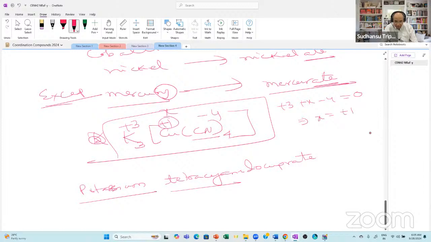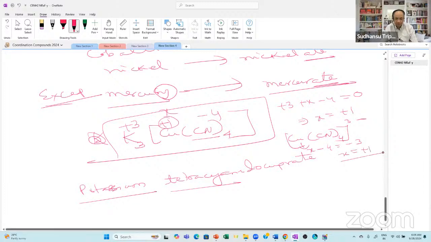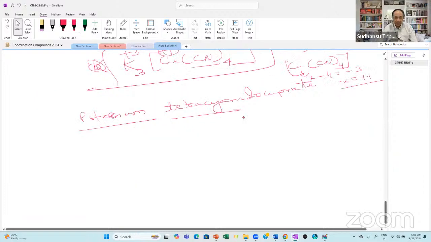Or you take the complex with charge 3 minus, because there are 3 potassium, so the complex will have a net charge of 3 minus. You can have x minus 4 is equal to minus 3, so x is equal to plus 1. So this is potassium tetracyanidocuprate(I).